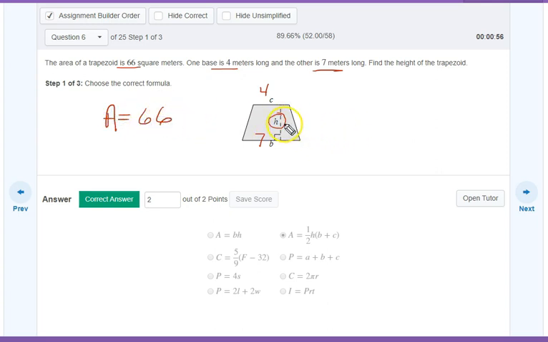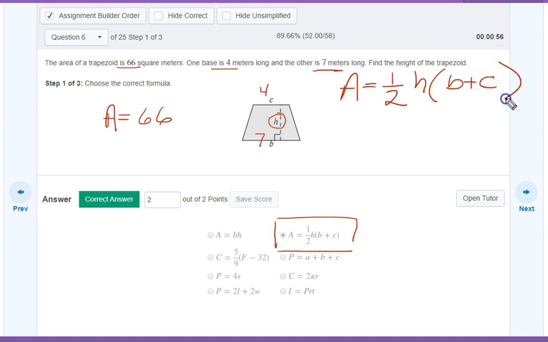So the first thing they want you to do in problems like this is pick out the formula. Well, that one's right here, it's pretty obvious. Now, they then want you to solve this formula for the missing letter h. So let's put that here. A equals 1/2 h, and then in parentheses, b plus c.